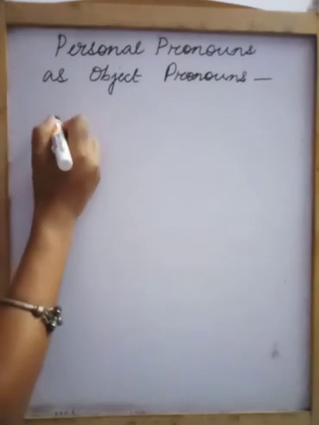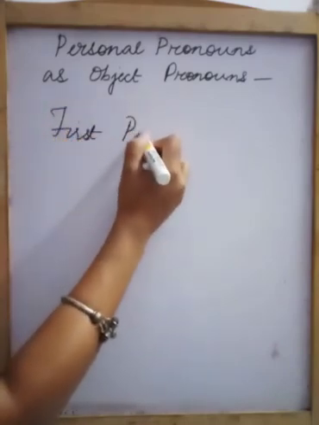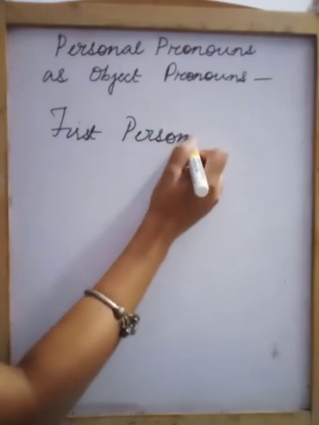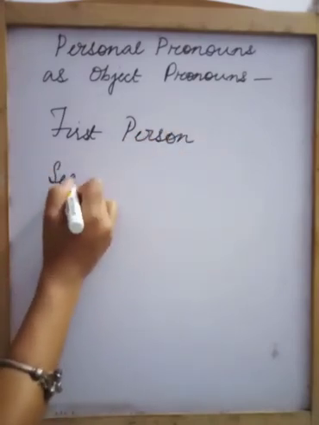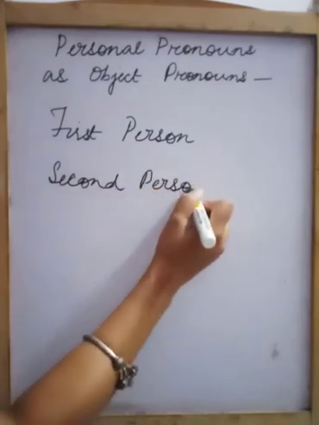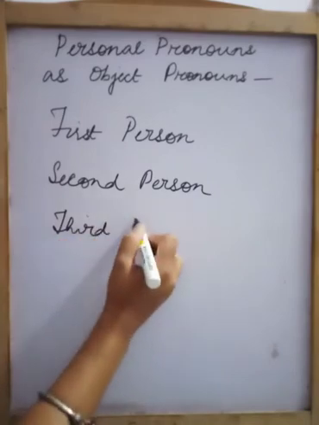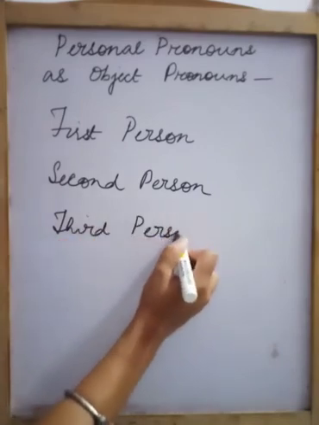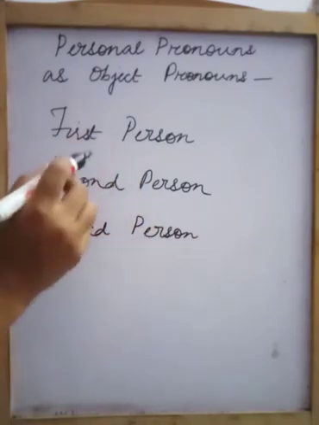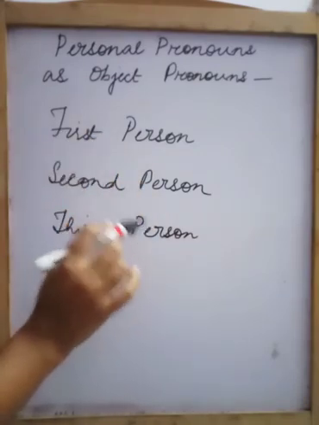I had told you that there is a first person, second person, and third person. These are the three categories of personal pronouns. And these are not real persons, these are grammatical persons.